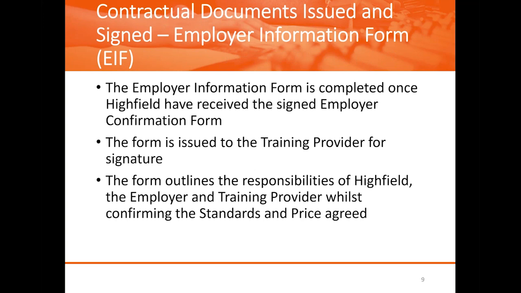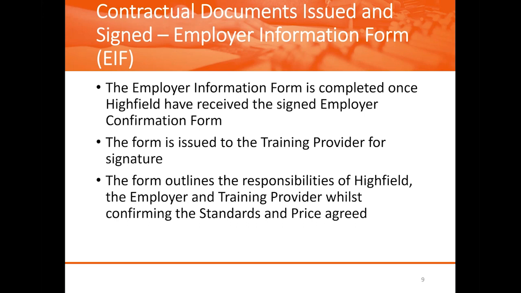Now, the beauty of this is that the employer information form allows us to reflect any bespoke agreements within our contract on behalf of the employer that we'd be assessing for. It's completed once we've received the employer confirmation. The form would be issued to the training provider for signature, so it is not something that the employer has to sign. It's for you guys again.